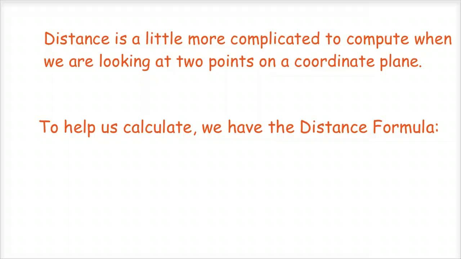However, we're not always going to be on the number line. We are going to be looking at 2 points on a coordinate plane. So when that's the case, we have something called the distance formula to help us calculate that.